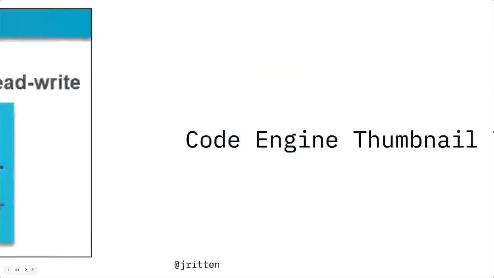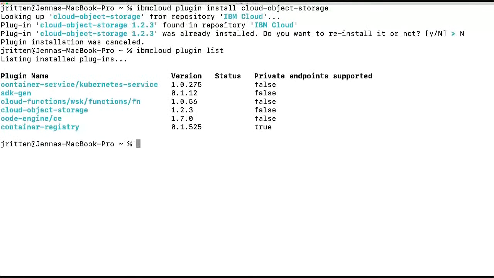Now that we have our dev set up, we're going to start our tutorial. So let me share my, there we go. Perfect. Okay. We're going to be working from the command line today. We did a lot from the Code Engine UI last week.